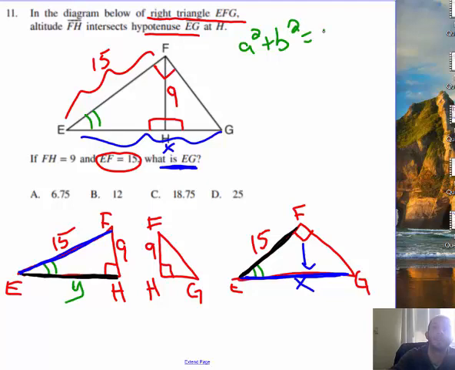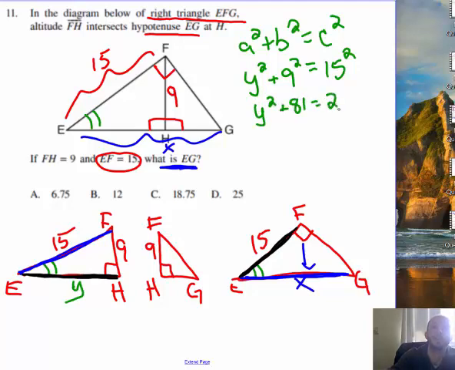A squared plus b squared equals c squared. The 15 is the hypotenuse, so that has to go there. The other two parts don't matter because you're adding them, so it doesn't matter which order you do it. So I get y squared plus 81 equals 225.